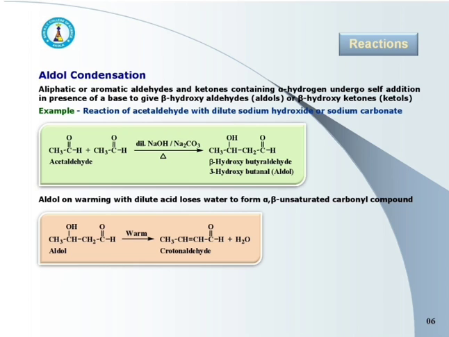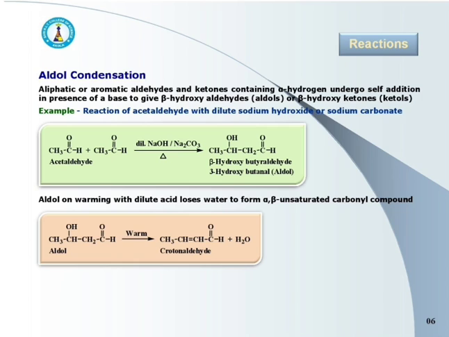See the reaction. Acetaldehyde reacts with dilute NaOH or Na2CO3 and the product is beta hydroxy butyraldehyde, or we may call that 3-hydroxybutanal.